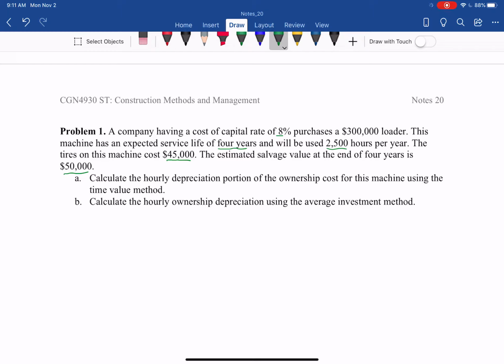Calculate the hourly depreciation portion of the ownership cost for this machine using the time value of money method. And then we calculate the hourly ownership depreciation using the average investment method.